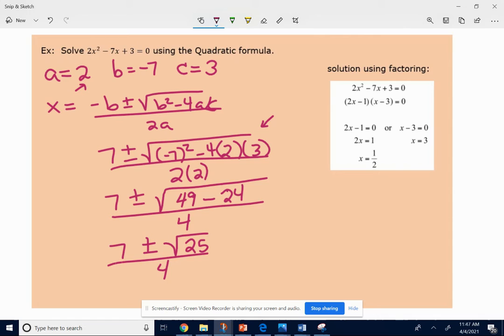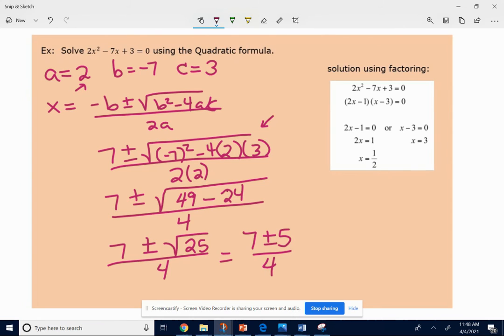Now notice the square root of 25, I can figure that out. That's why we could have used factoring to do this problem, because we're not getting a square root that is irrational. So we know that the square root of 25 is 5. So I'm going to change this to 7 plus or minus 5 over 4.